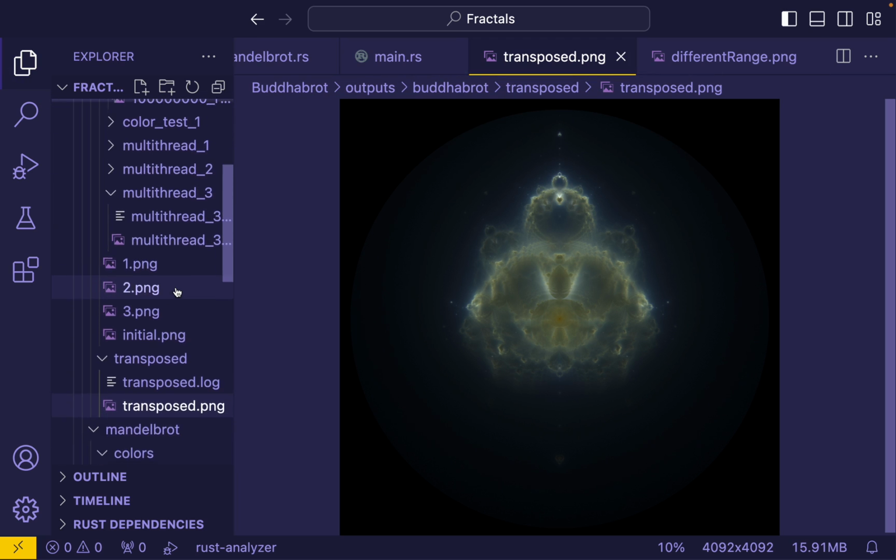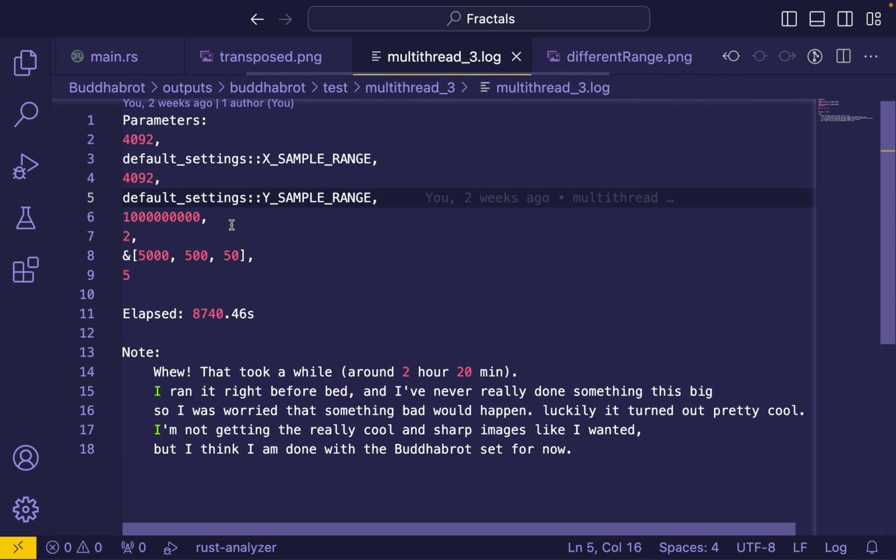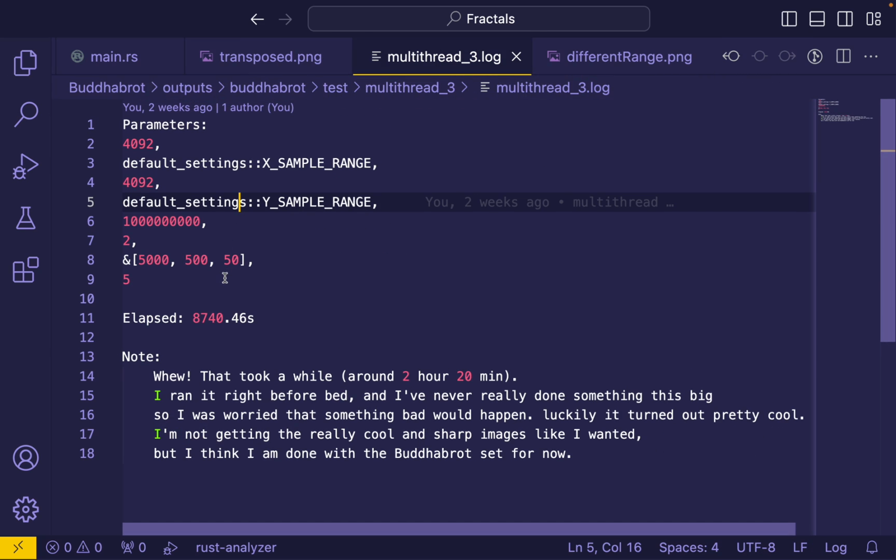So this was a log, and it took around 2 hours and 20 minutes. And I think this means I branched out 5 times. So there were 2 to the 5, so I think there were 32 or maybe 63 cores working on this.